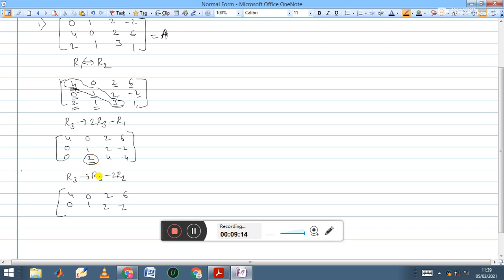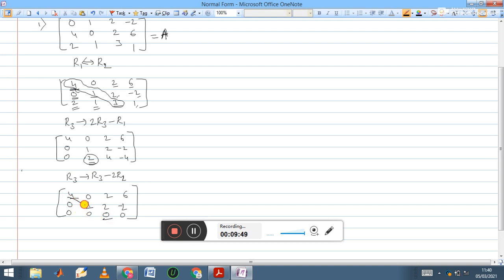Then your resultant third row becomes, so 0 minus 0 gives 0, then 2 minus 2 gives 0, then 4 minus 4 gives 0, then 4 minus 4 gives 0. Now you look at the diagonal elements 4, 1, 0.